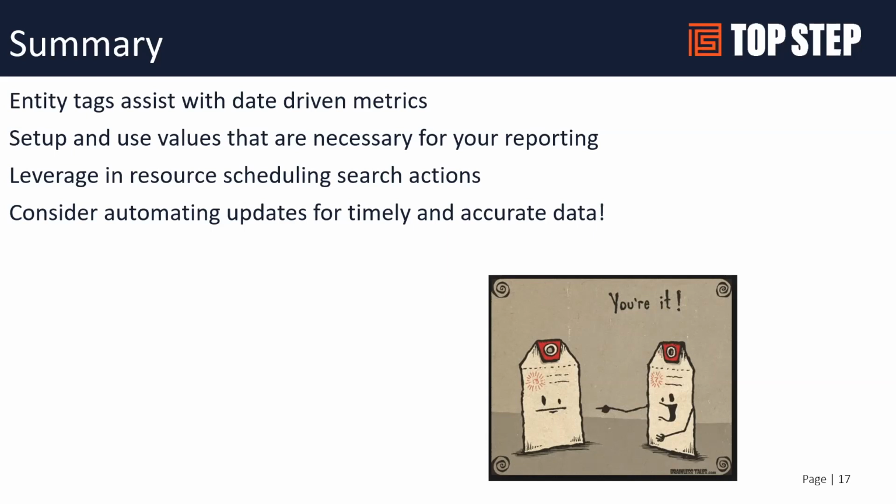You set this up correctly, and you can get those values that you need in your reporting, exclude values that you don't want in your reporting, and not have to pick and choose, remove lines from an exported Excel file, and so on and so forth. You can use it in scheduling, like we just talked about, by making them searchable. And then finally, take advantage of the automation opportunities that exist with OpenAir via script or integration to basically do all of the legwork for you and keep your users in sync between your systems.